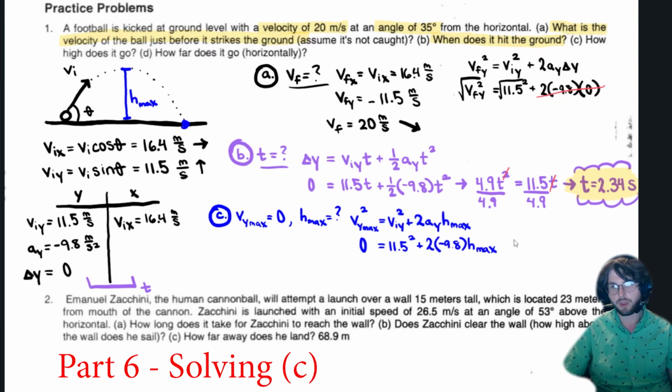All right. So then we want to, again, kind of like last time, move this over to the other side because this will be a negative term. So we can just kind of move it freely into the 0 as free real estate. So if we do that, you're going to end up with, well, 2 times 9.8 is 19.6. So it'll be 19.6 times h max equals 11.5 squared.